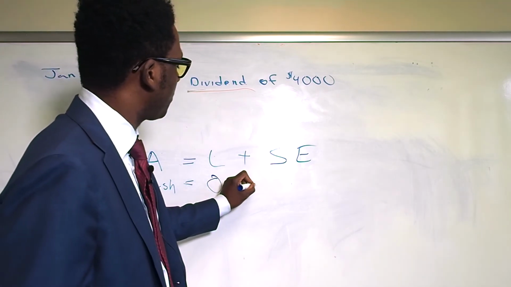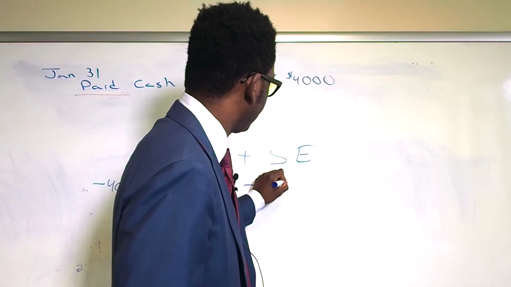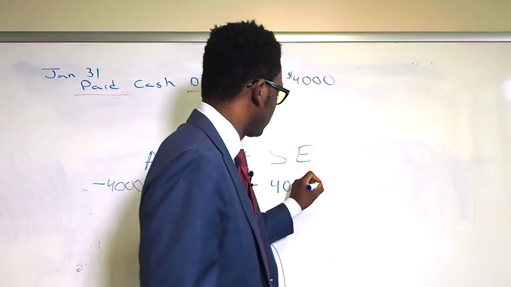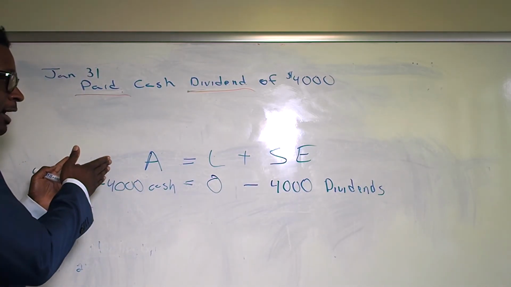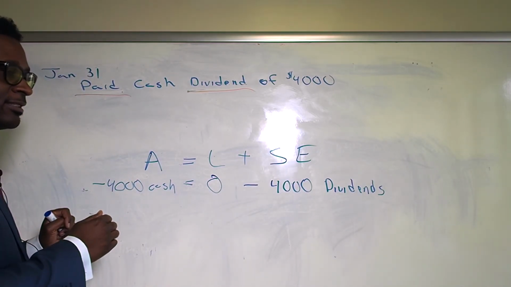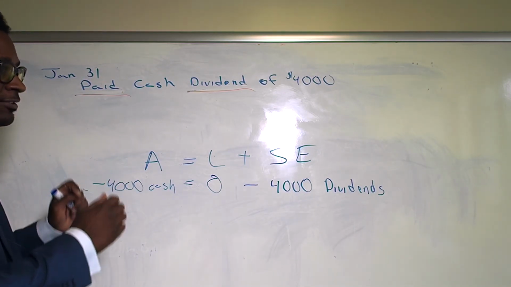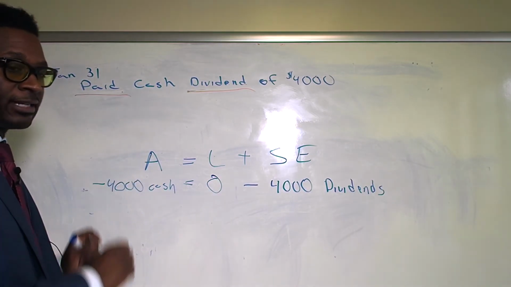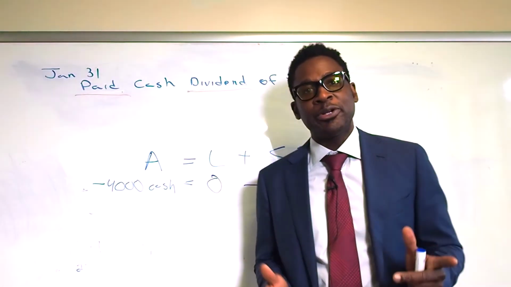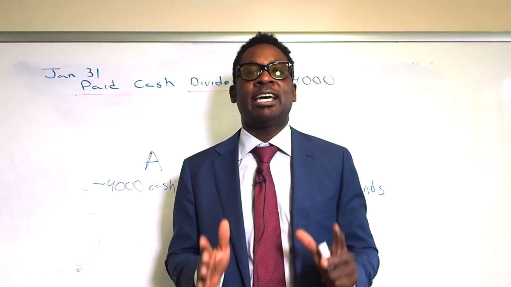So therefore, our stockholders' equity must go down by $4,000 through the dividends account. And so our transaction analysis is complete, and our assets after every transaction have equaled the liabilities plus the stockholders' equity. So that pretty much summarized how to properly perform a transaction analysis.